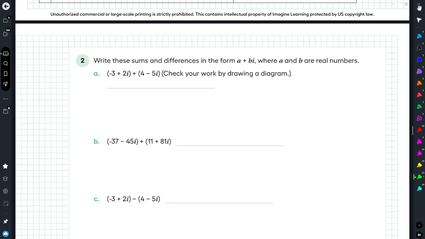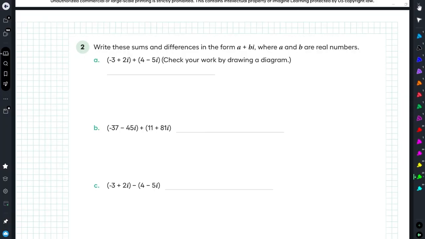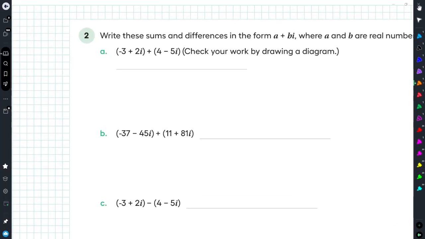So on the next page, write the sum and difference in the form a plus bi, where a and b are real numbers. So it says check your work by using a diagram, but we don't necessarily need to. So for letter A, we're going to add negative 3 plus 4, which is 1. And then positive 2i plus negative 5i, which is negative 3i. So this complex number is 1 minus 3i.